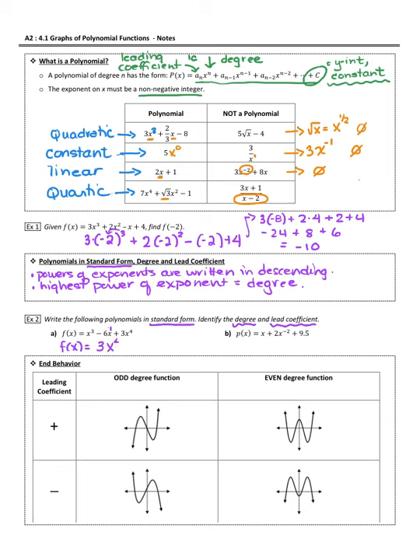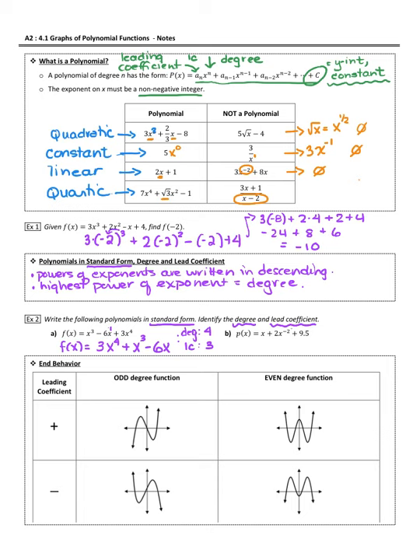So 3x to the 4th, then comes x cubed, then comes 6x. And so once we have it in standard form, we can see that our degree is 4, and the leading coefficient is a positive 3. Now what about this second one? P of x equals x plus 2x to the negative 2 plus 9.5.